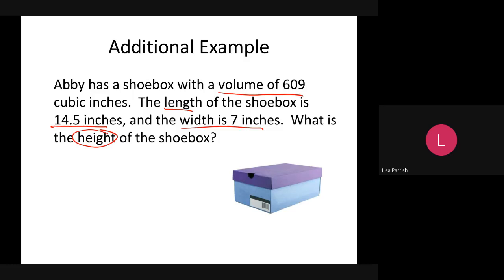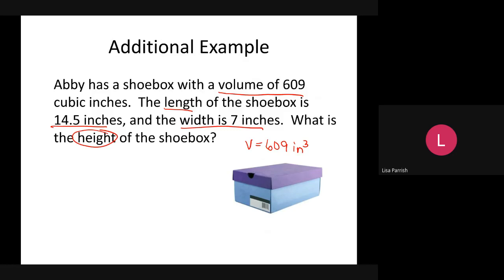Okay, so just like the previous example, we're going to be trying to find the height. So again, you can write the words or you can diagram this. So since this is already drawn, I won't draw another one. My volume is 609 cubic inches. Always pull out the information you know.